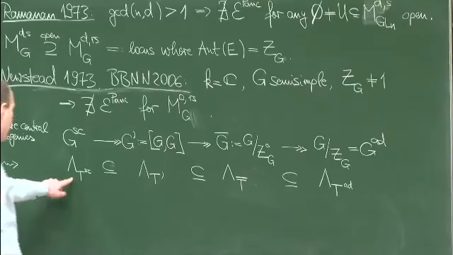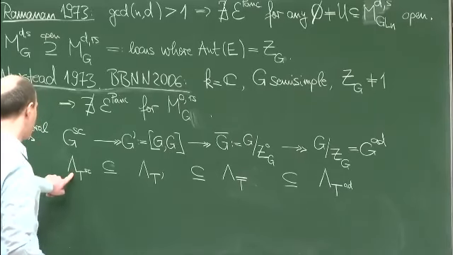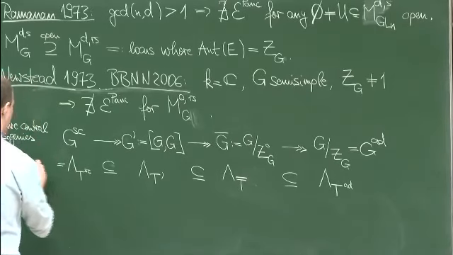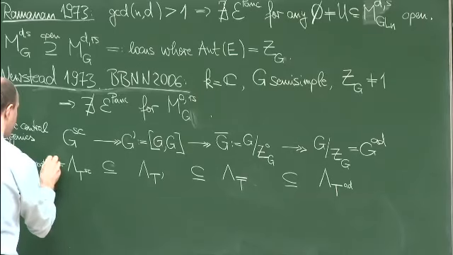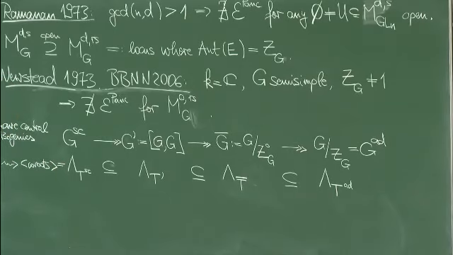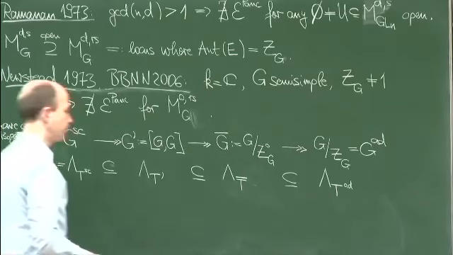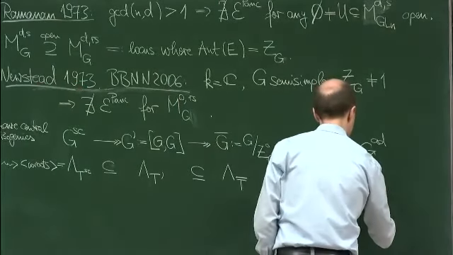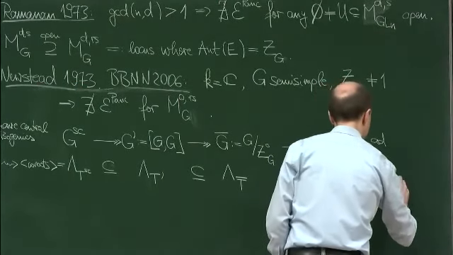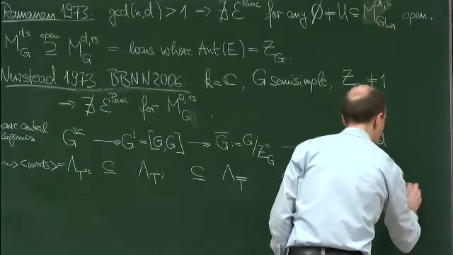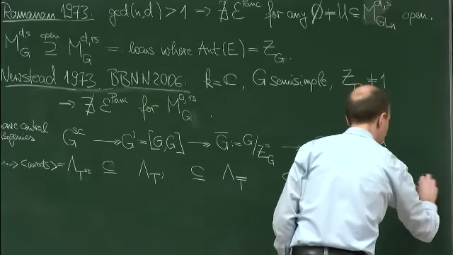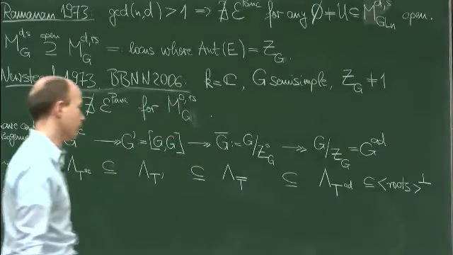These are all sublattices of finite index. The smallest one is the one spanned by the co-roots. It's just determined by the root system, by the type of the group. And the largest one is the largest lattice on which all roots take integral values.